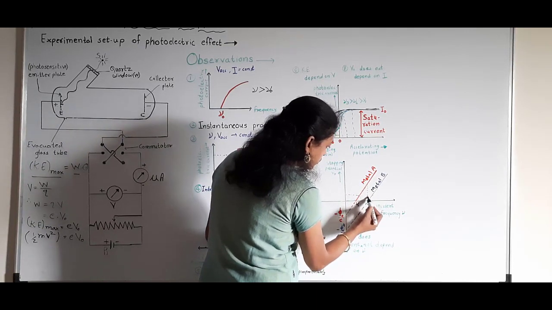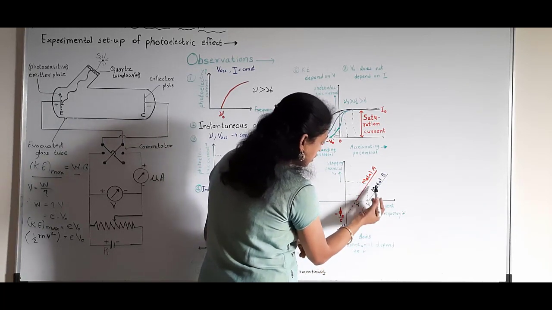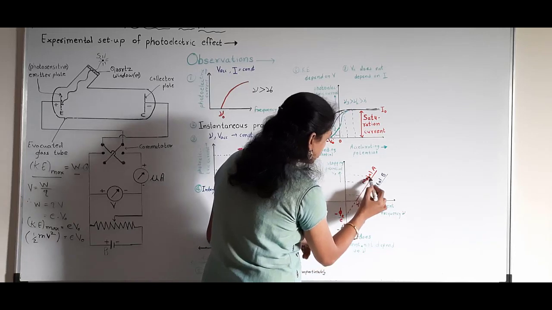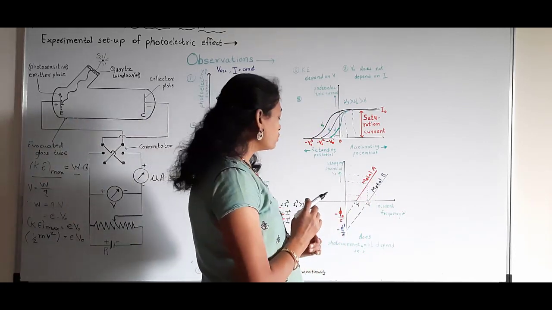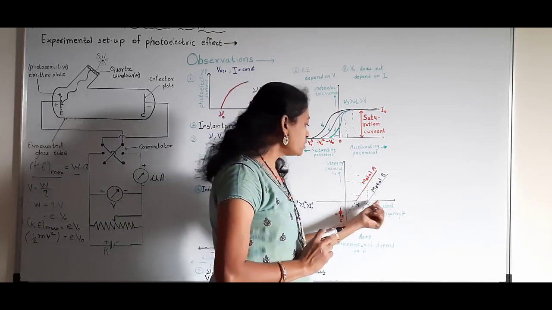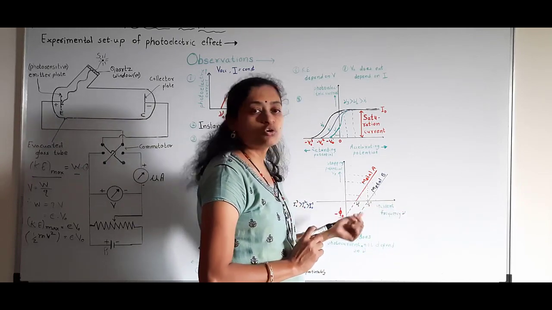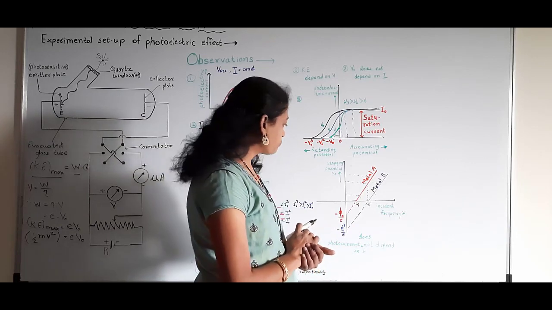Again, as incident frequency increases, stopping potential increases. This means the stopping potential increases when incident frequency increases above the threshold frequency. Nu naught is called the threshold frequency.